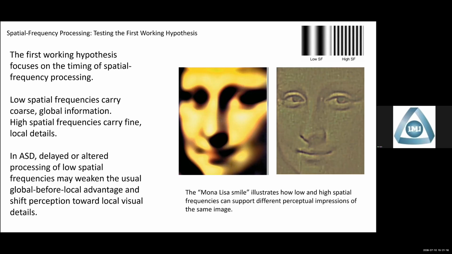It is very important to process the low spatial frequencies to be the first to reach the primary visual cortex through the magnocellular pathway, because we need these frequencies to create global object representation.